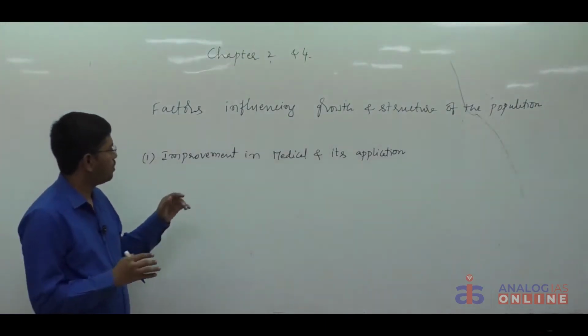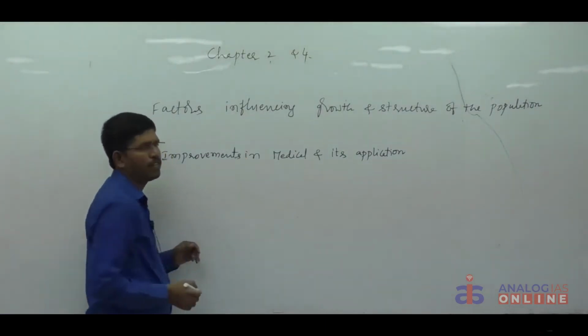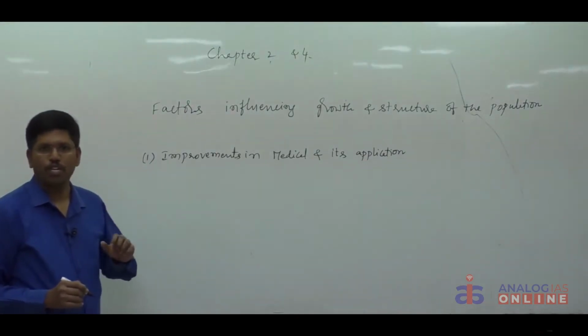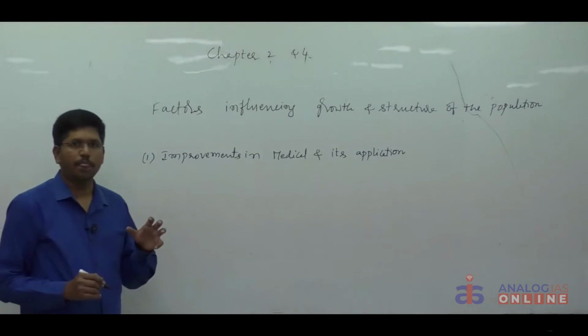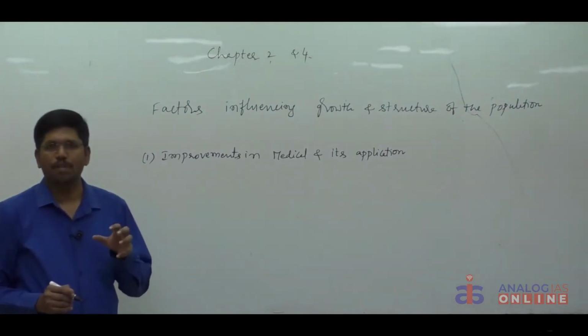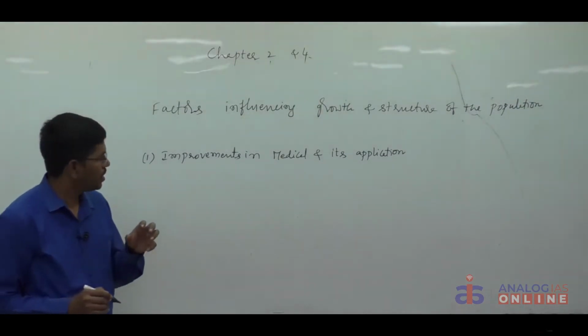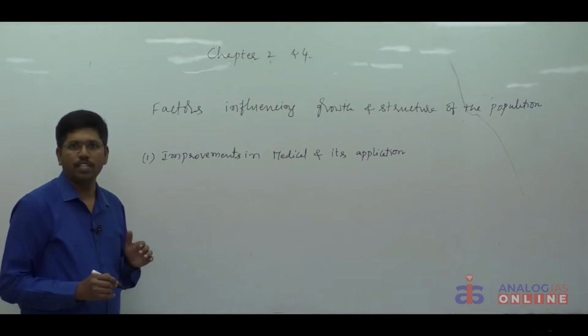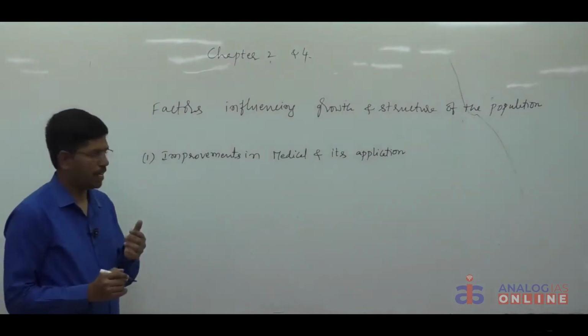Now, because of improvements in the field of medical knowledge and its application, the deaths because of epidemics were controlled, and at the same time, the deaths because of complicated diseases, heart problems, kidney problems, brain problems, were also controlled. That's why the death rate was decreased, that's why the population was increased.